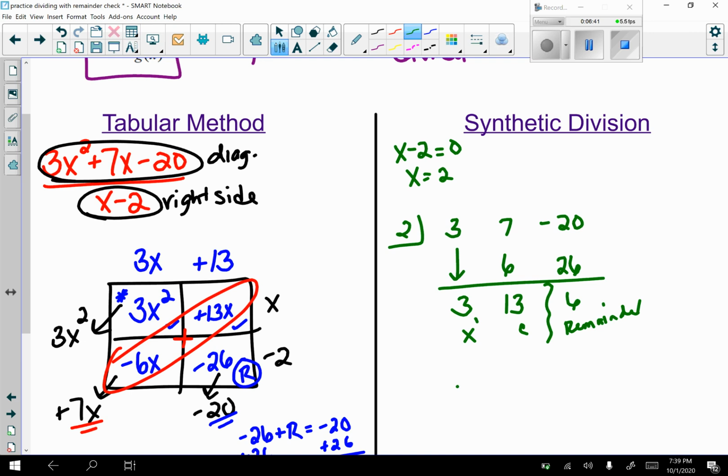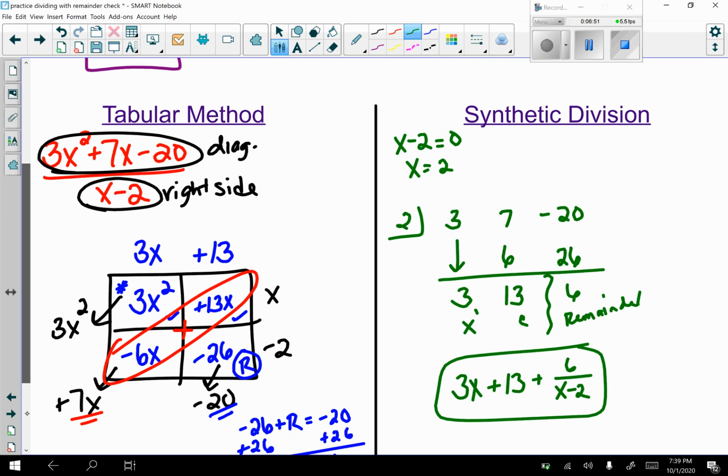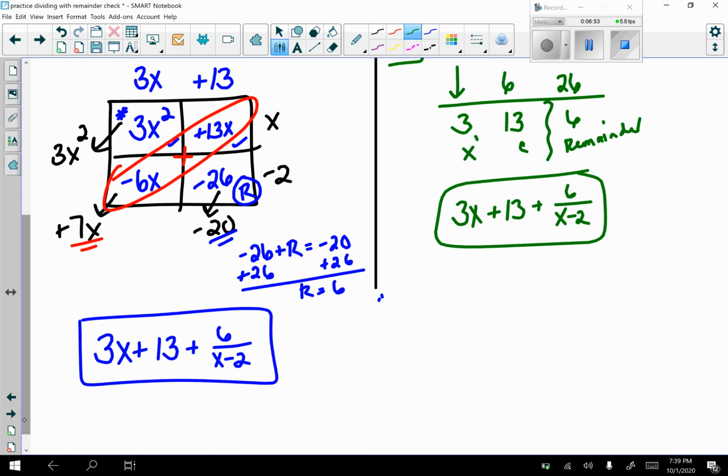So my answer is 3x plus 13 plus 6 over x minus 2. My answers should match because I did the same division problem, I just did it using 2 different methods. It's like with multiplying, if we did one with the FOIL or distribution method and one with the tabular method, they're still going to give me the same answer.